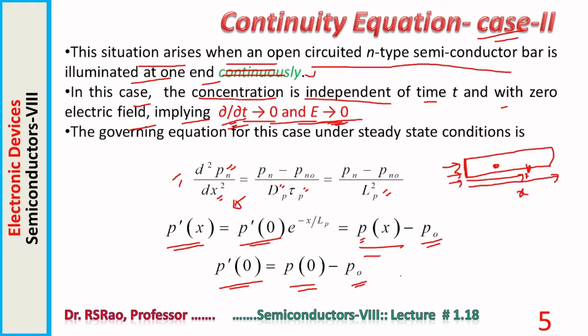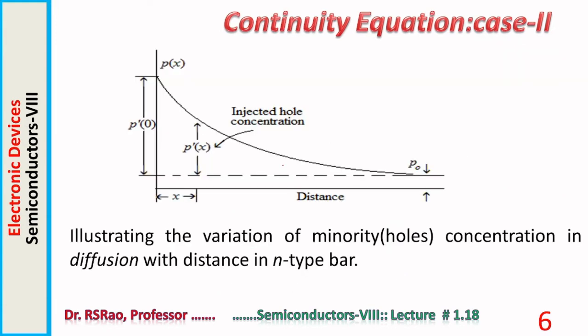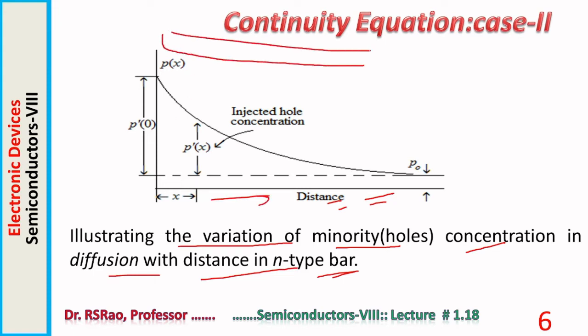One can have a better understanding if we consider all these things in pictorial form. Here, the variation of minority or whole concentration in diffusion with the distance in the bar is illustrated. Horizontal axis is distance, x. The bar is assumed to be lying like this.